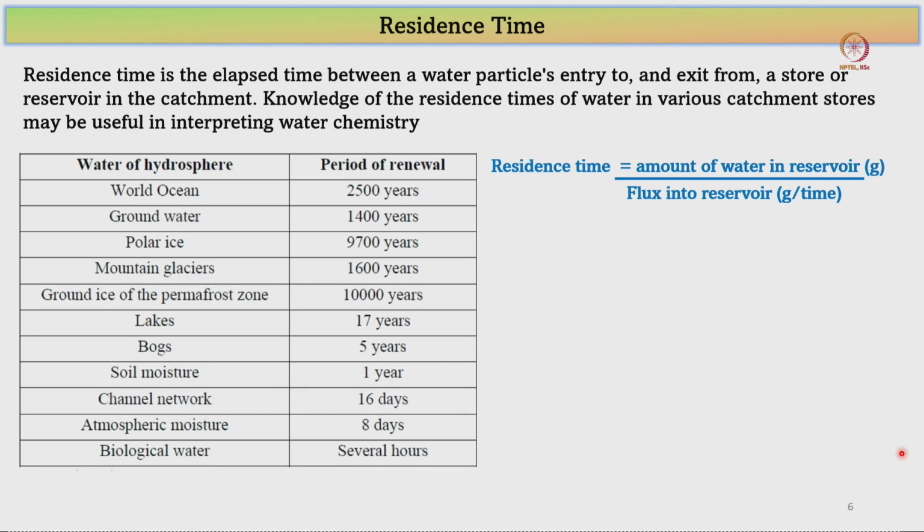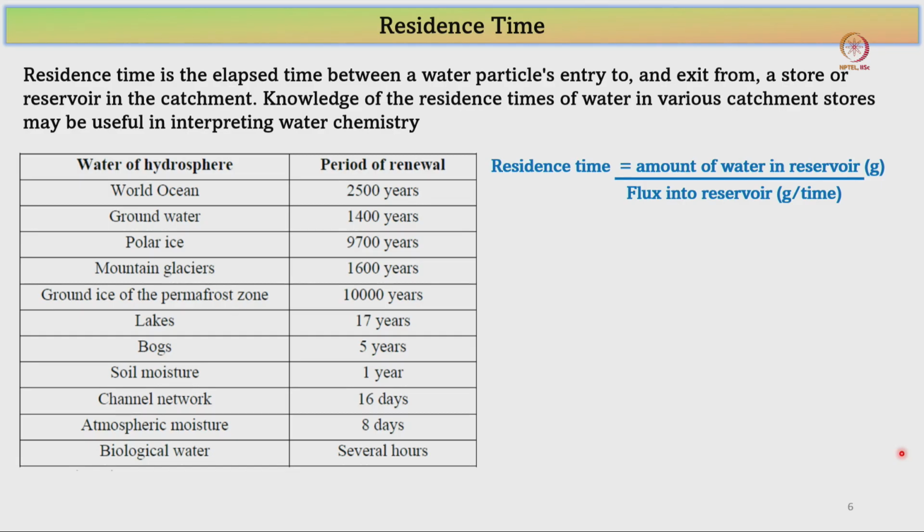That is, how much time will a particular contaminant be there in that system, what is its effective exposure duration in that system. In terms of water, every kind of water has its own residence time in the system. Residence time is basically the time between a water particle's entry to a particular environment and its exit from that environment.